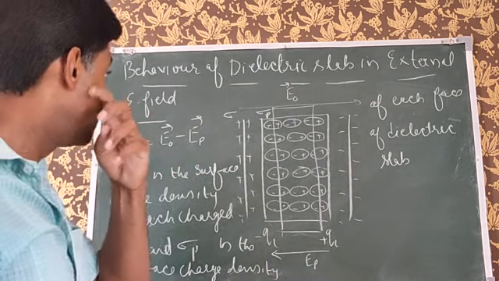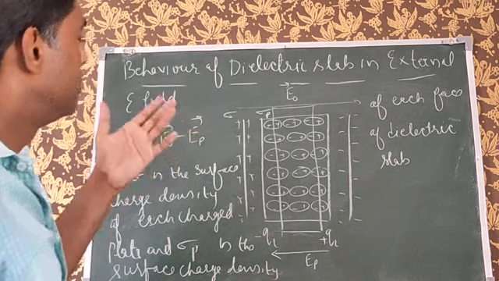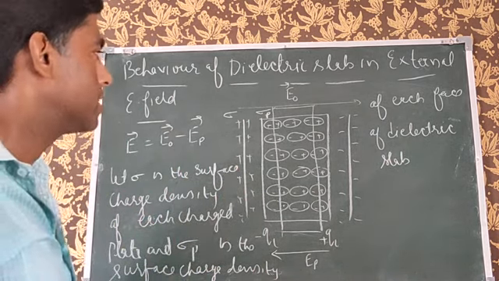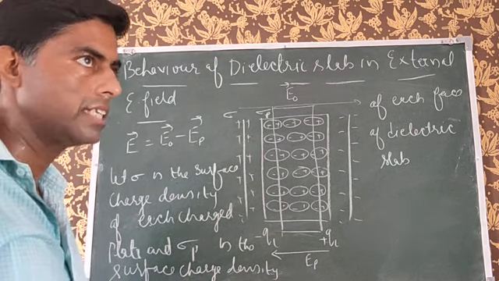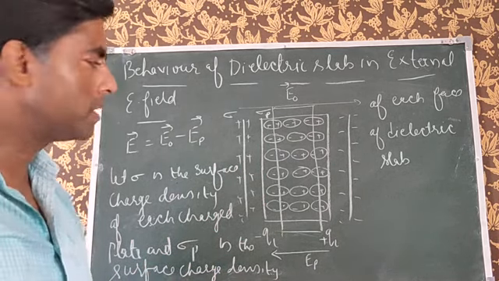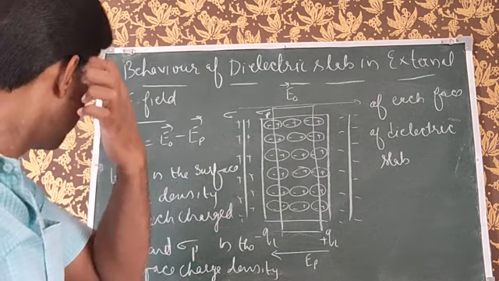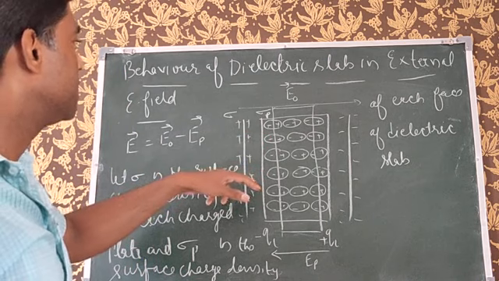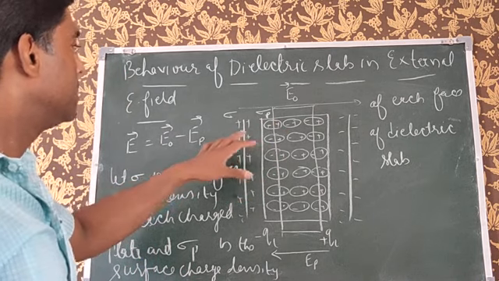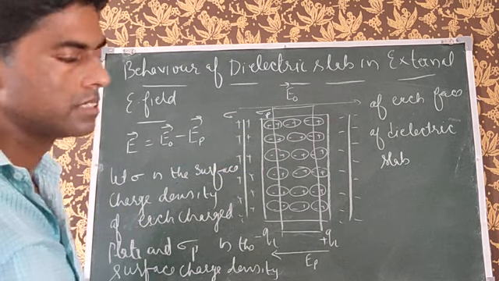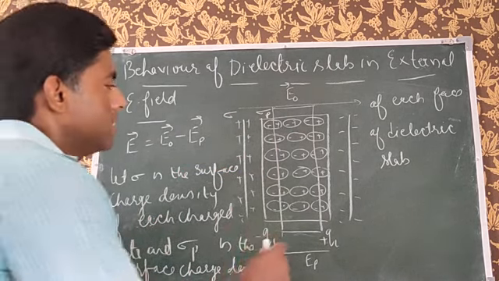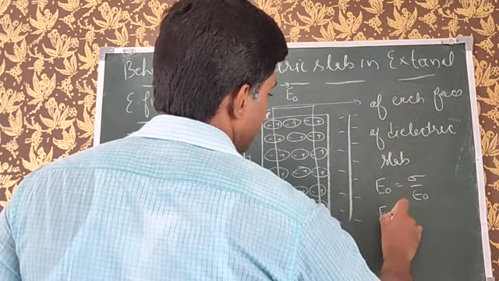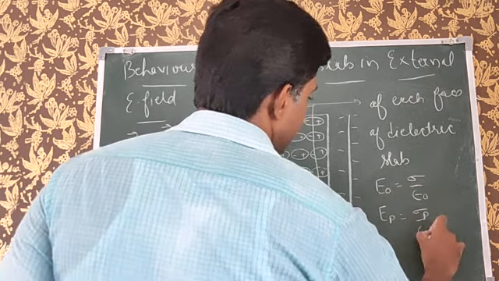And we know the electric field at the surface of a conductor is always equal to sigma over epsilon naught, as we have already explained. So the electric field due to these plates is given by E naught equals sigma over epsilon naught, and EP equals sigma P over epsilon naught.